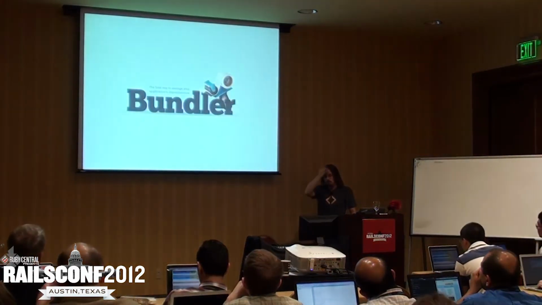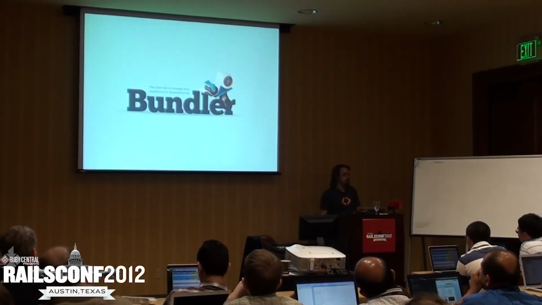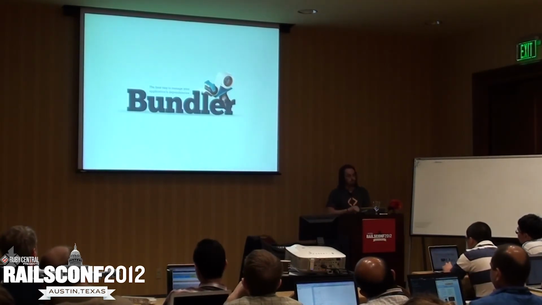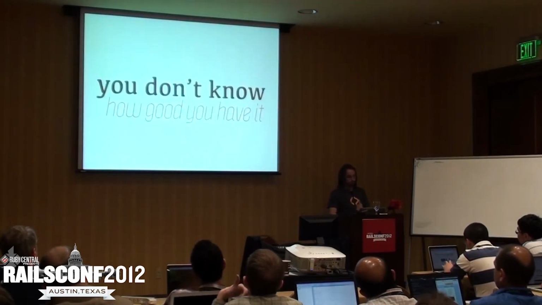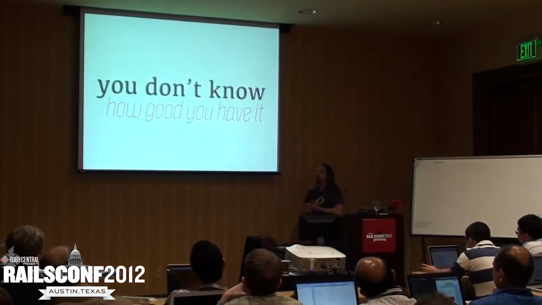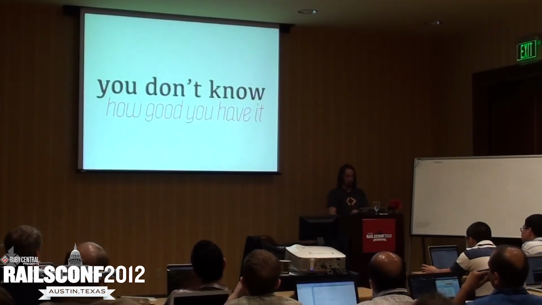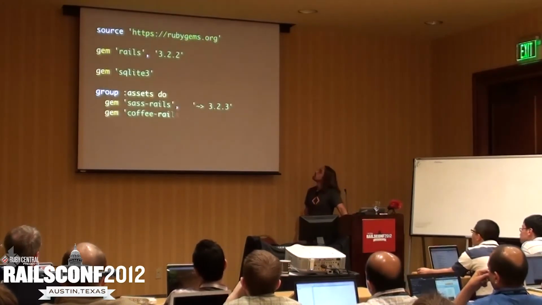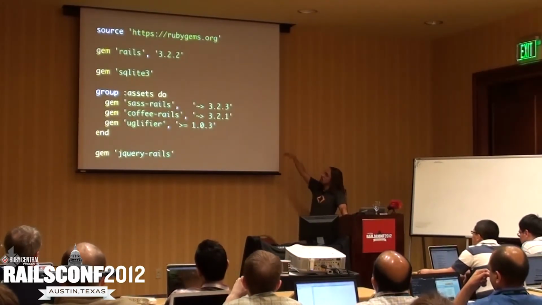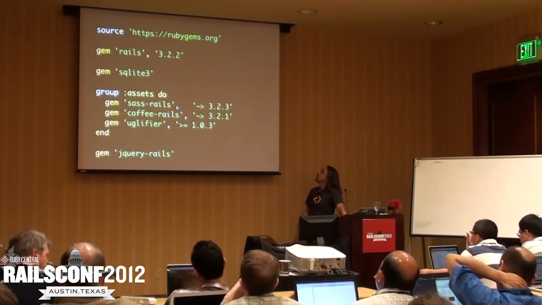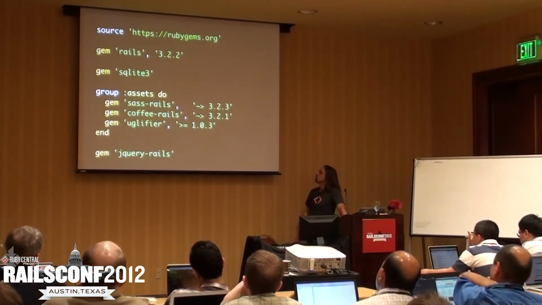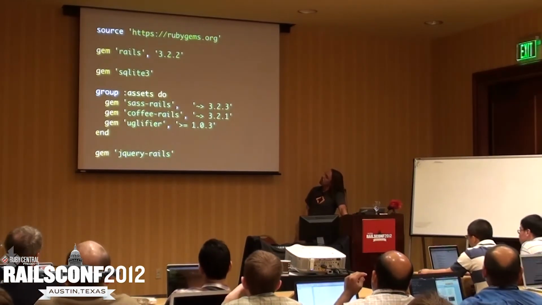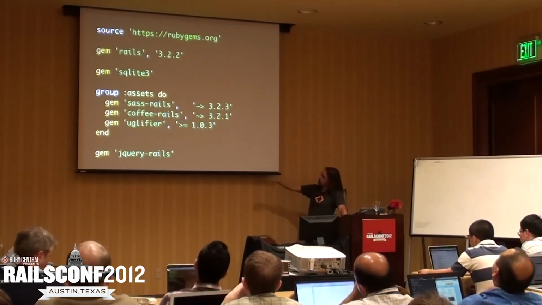Now, Bundler is something that now ships with Rails, and because of that, people take it for granted a little bit, and you shouldn't, because you really have it good if you're starting with Rails with Bundler. It used to be a lot more difficult to manage dependencies with Rails, and now we have this file, the Gemfile, that basically lists, this is a Rails 3.2.2 basic Gemfile with SQLite and a bunch of asset gems and jquery-rails.